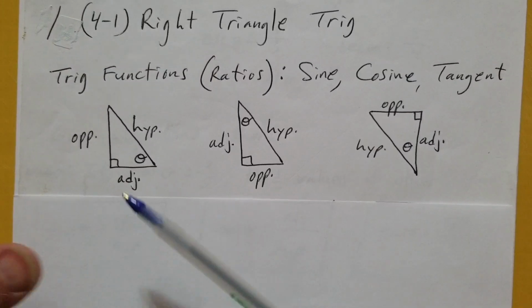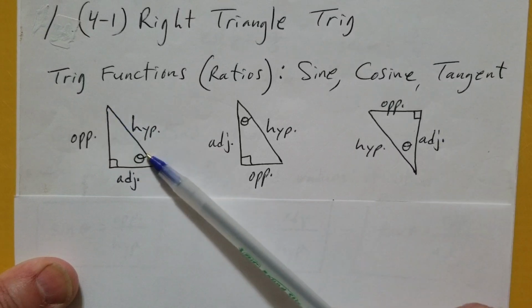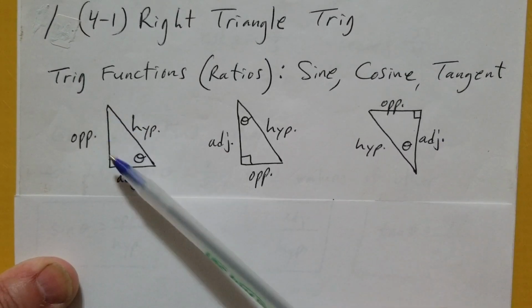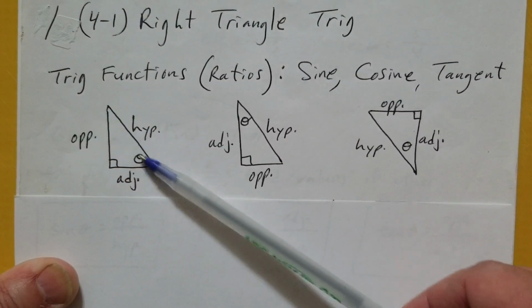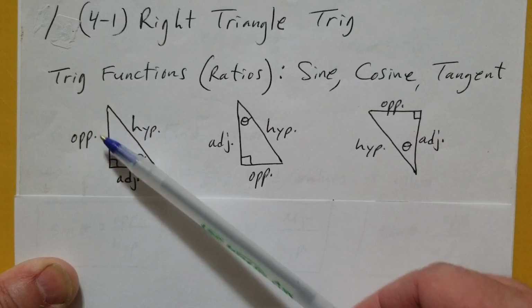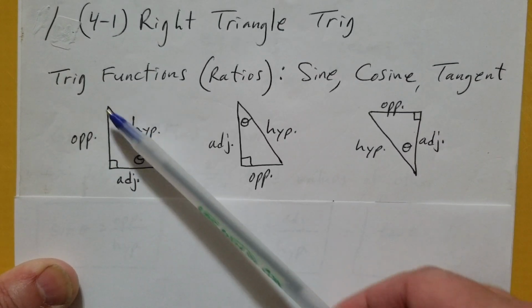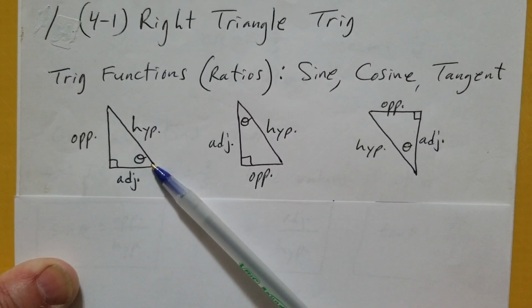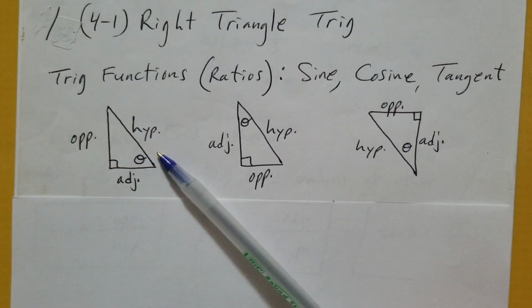A right triangle has a right angle and two other angles, two non-right angles, right? Now, depending on which angle you're looking from, we refer to the sides, the legs, as opposite and adjacent. The hypotenuse is always the hypotenuse, right? That's the diagonal. The L shape are the legs. This is the hypotenuse. That will always be the hypotenuse.